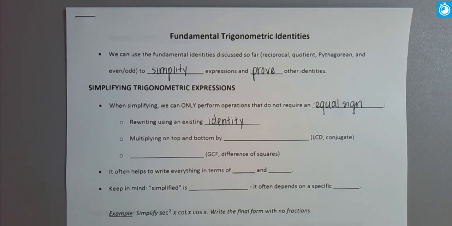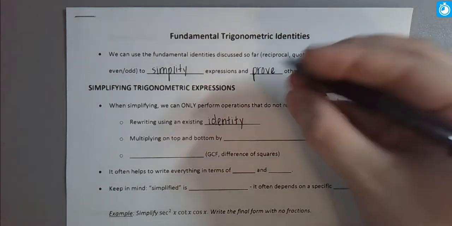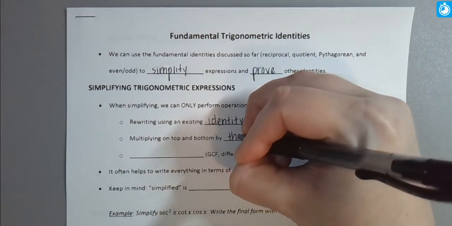Another option we have, depending on the type of expression we're looking at, is we can technically multiply, but it's not going to be multiplication like we typically see. One thing we can do is multiply the top and bottom, the numerator and denominator, of an expression by the same thing.